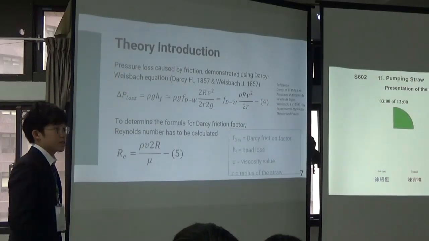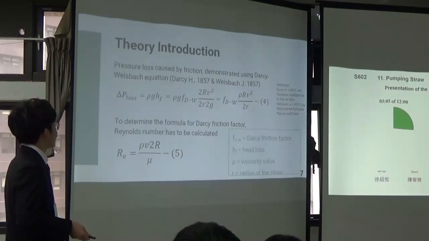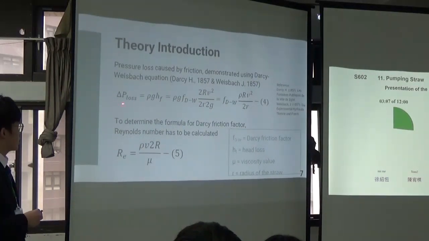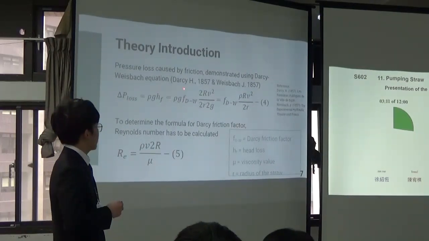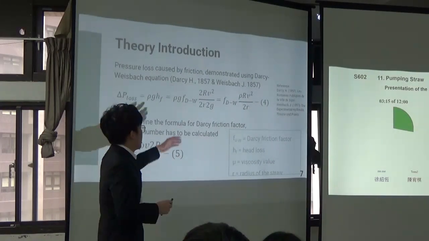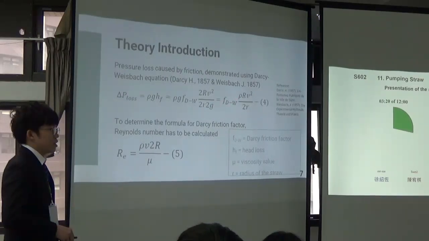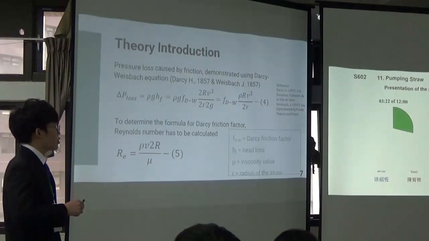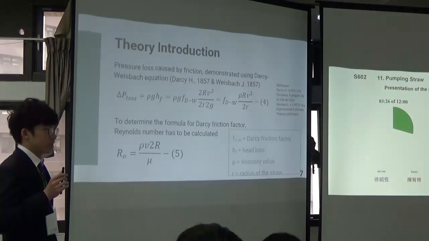The pressure loss is caused by the friction, and you can use the Darcy-Weisbach equation, which is right here, to demonstrate it. And after you use the Darcy-Weisbach equation, you will get an equation like this. And you can see there's a friction factor right here. The way to determine this friction factor depends on whether a system is turbulent or laminar.